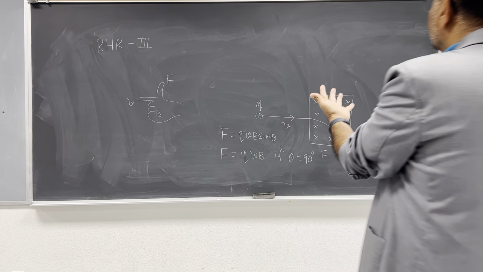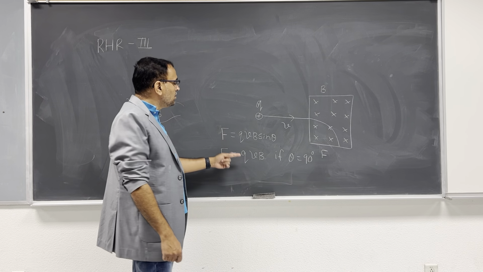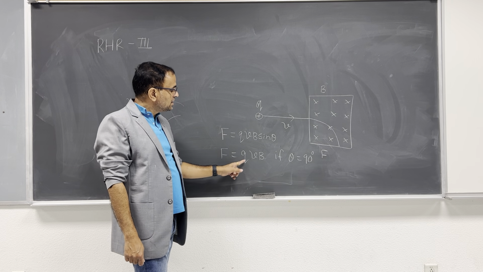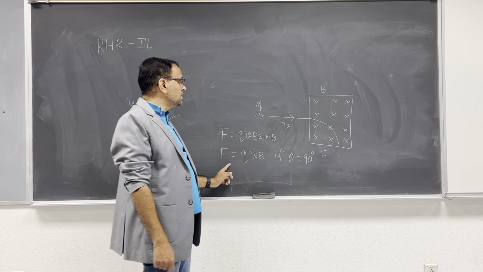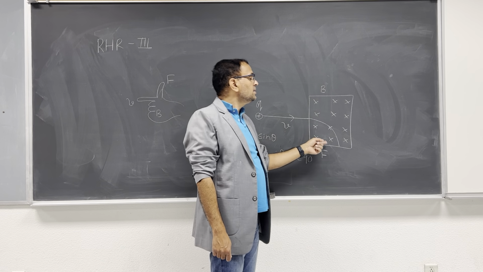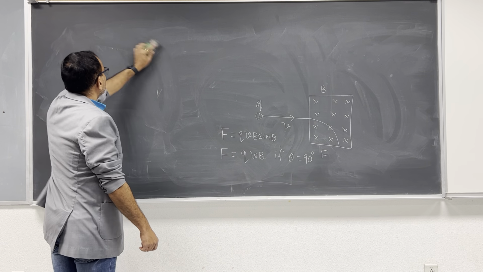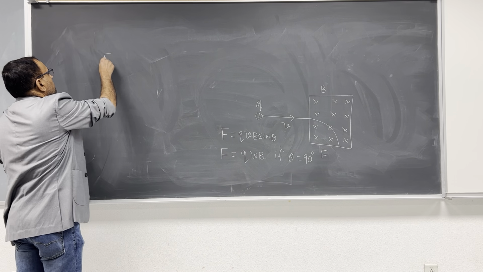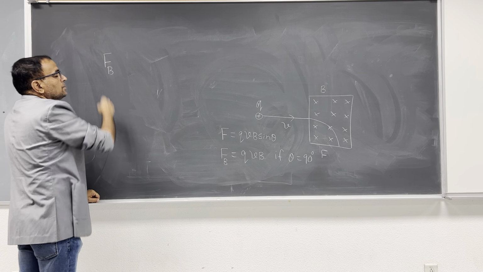So what is the source of the centripetal force here? Simply the magnetic force, this one QVB, acts as the centripetal force. Due to this magnetic force, the charged particle is moving in a circular path. Let me call this F of B, the magnetic force.